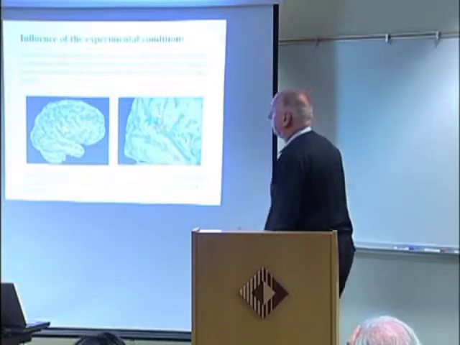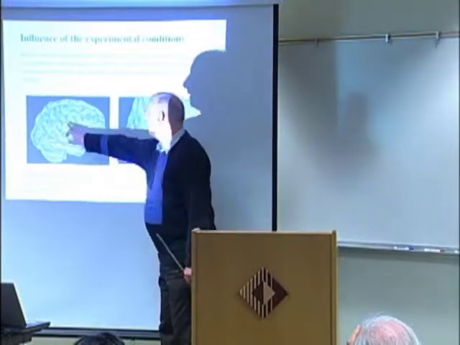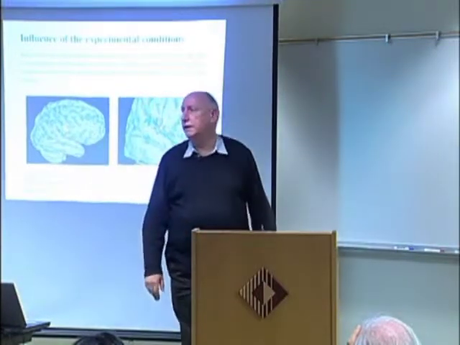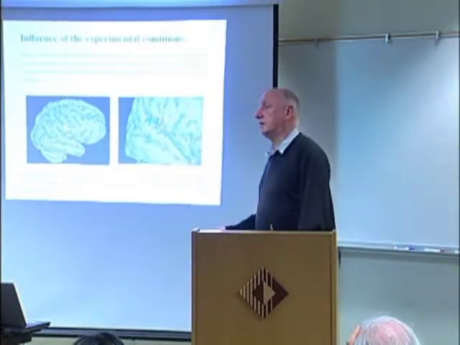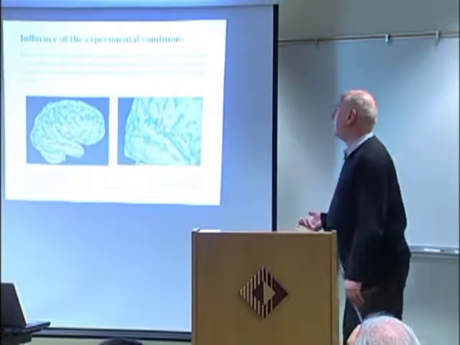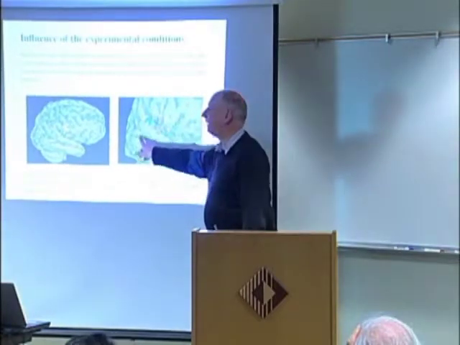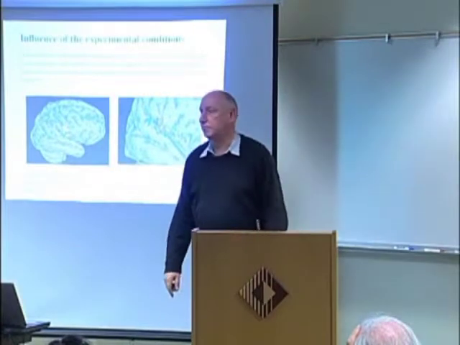Interestingly, these white areas are independent of the correctness manipulation, while the green ones are dependent on the correctness manipulation.